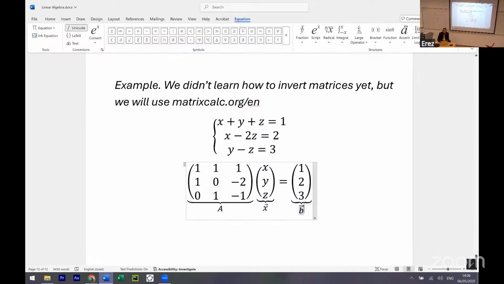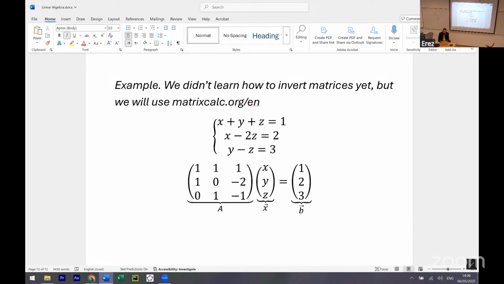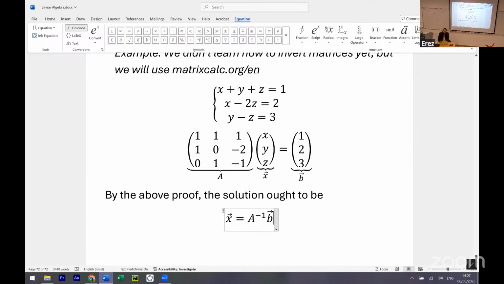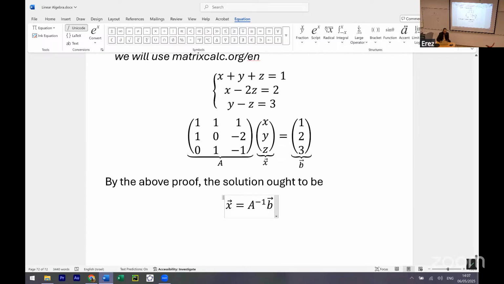So by the above proof, the solution ought to be x equals A minus 1 times b, if the matrix is invertible, I really hope it is.